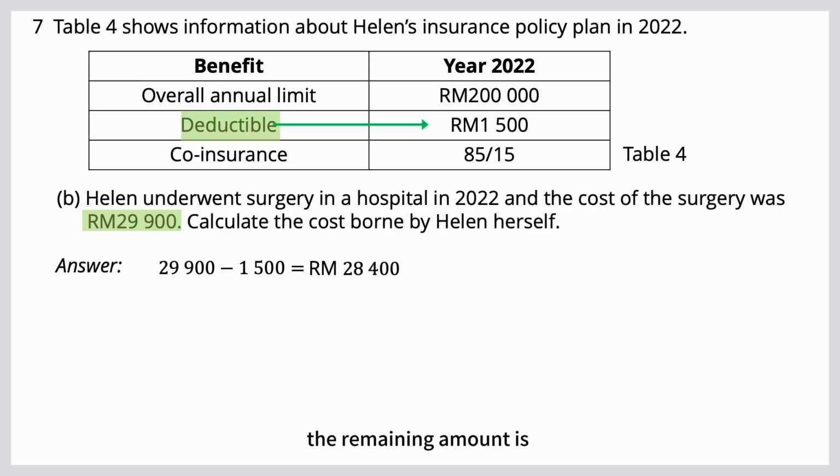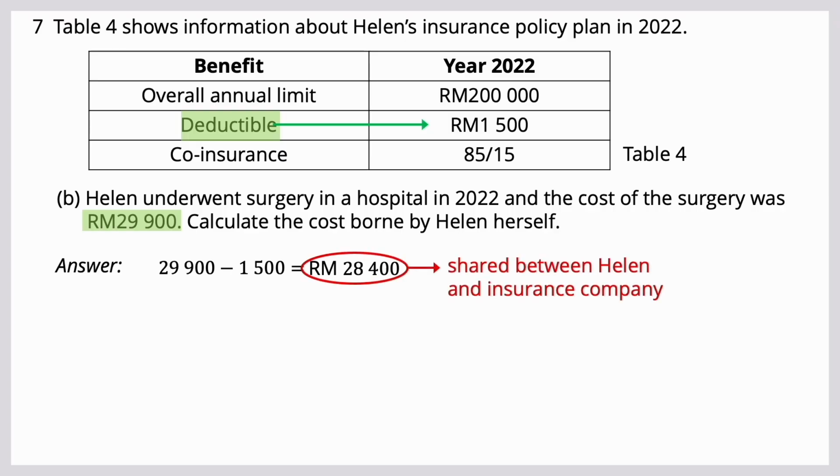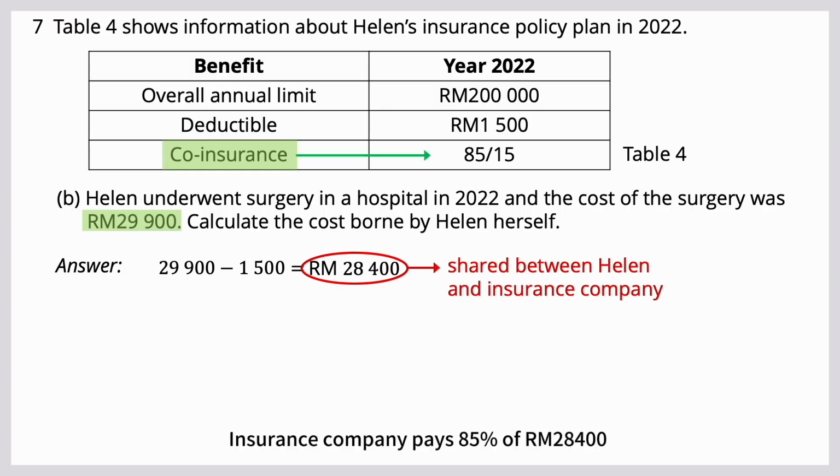The remaining amount is 28,400. This part is shared between Helen and insurance company. Co-insurance rate is 85 to 15. Insurance company pays 85% of 28,400 ringgit Malaysia. Helen pays 15% of 28,400 ringgit Malaysia.